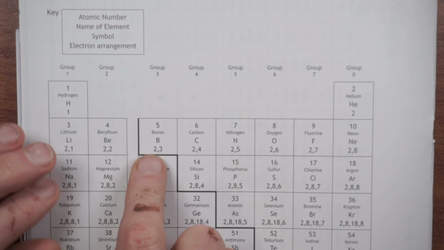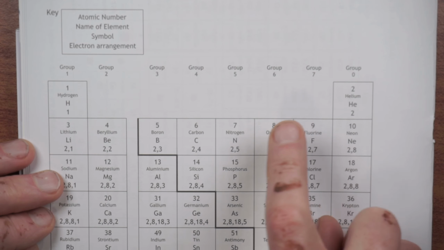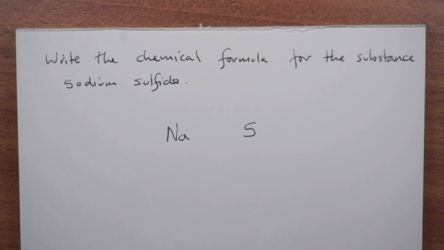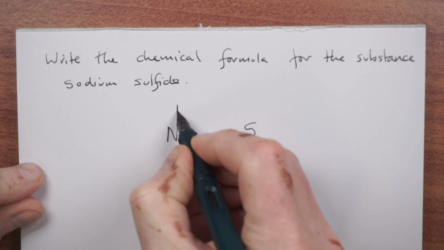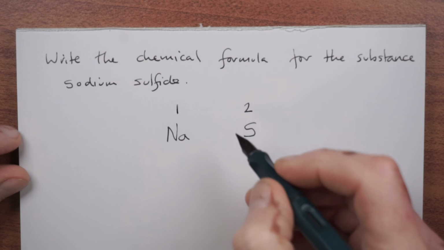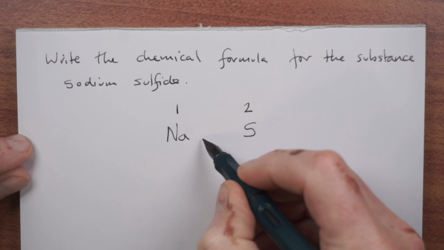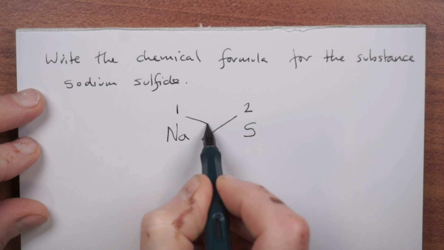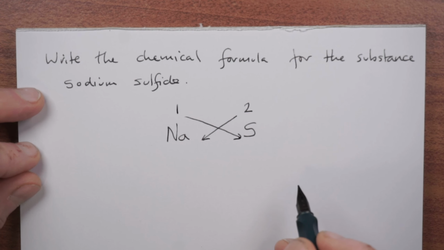Okay, so we've got a valency. Sodium is 1, sulfur is 2, right? So we'll write our valency above. Now what we do is the crisscross, right? And what happens here is just a very, very simple thing. You take the number from one side and you put it on the other side, right?